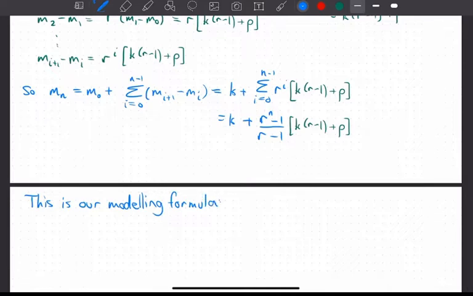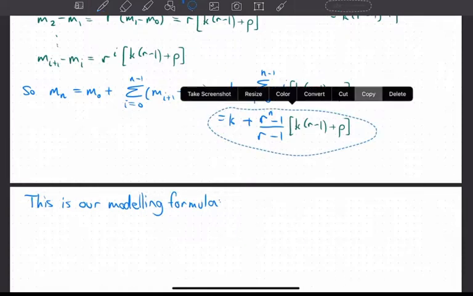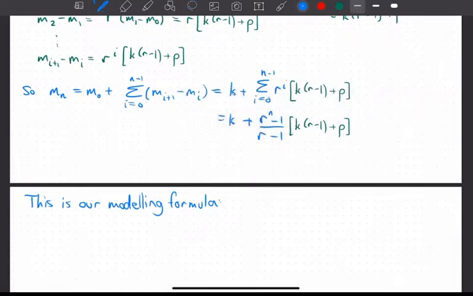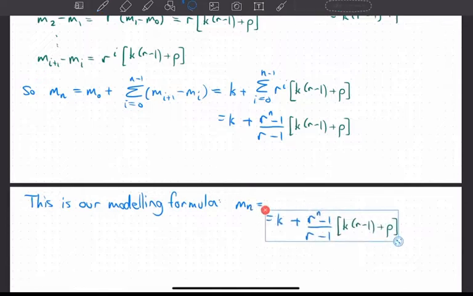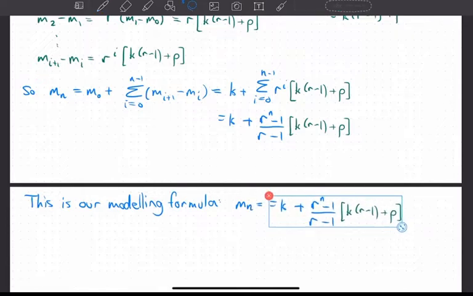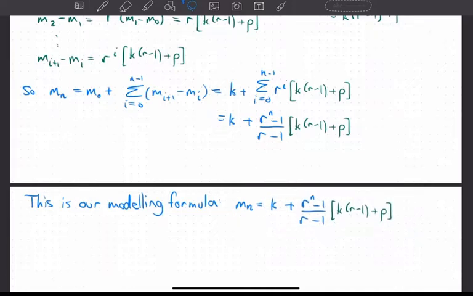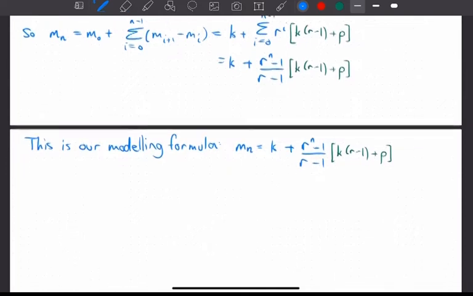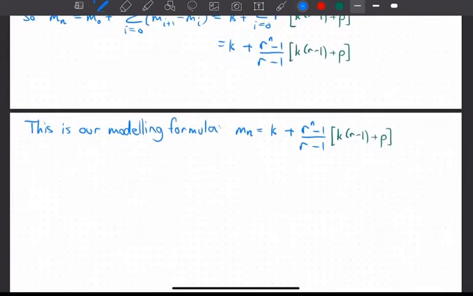So m_n, the expected number of individuals in generation n who have been infected, is this.